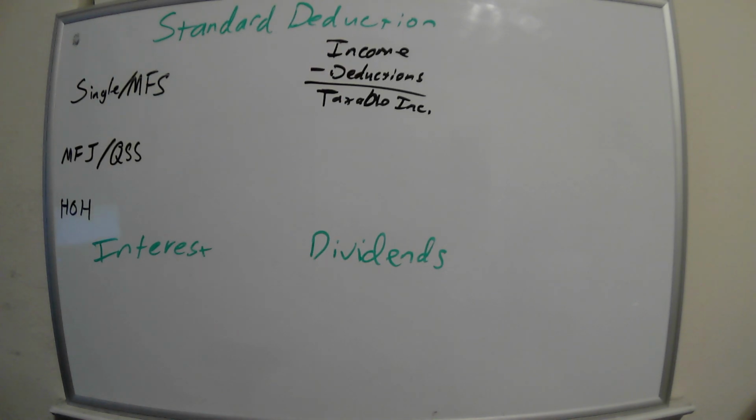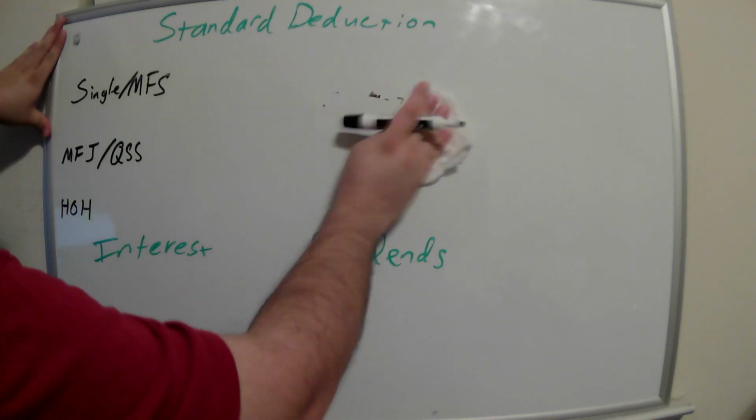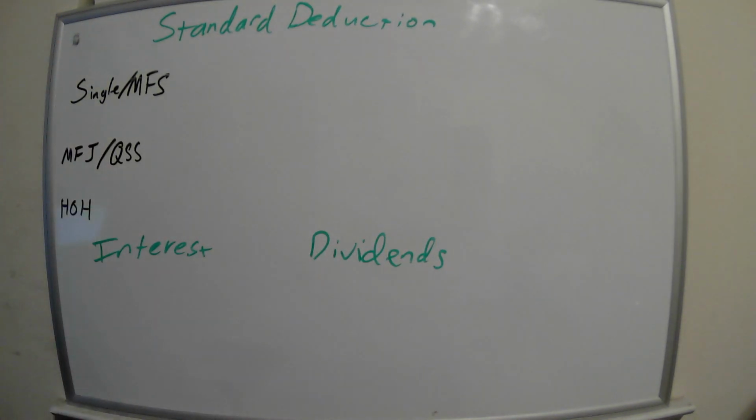The more income we have, the more taxes we pay, but the more deductions we have, the less tax we pay. So deductions in general are a good thing for the taxpayer, for the client. We always want to take all the deductions that we are allowed to take.